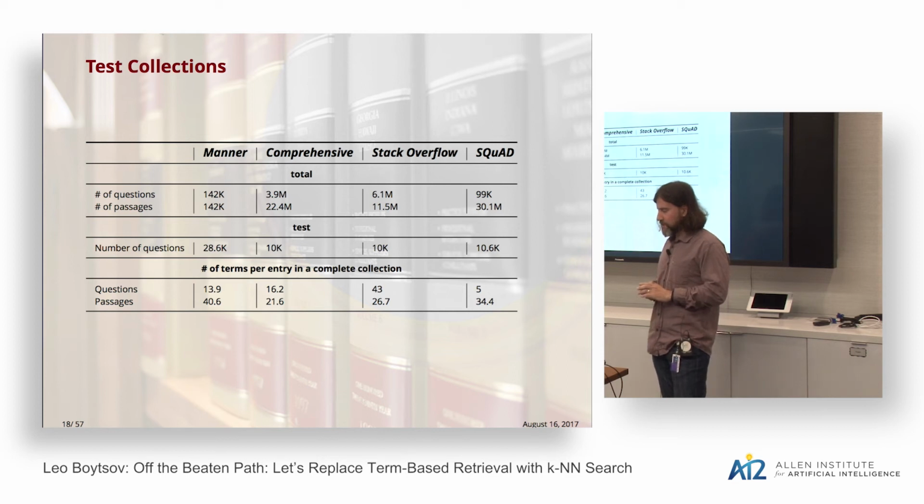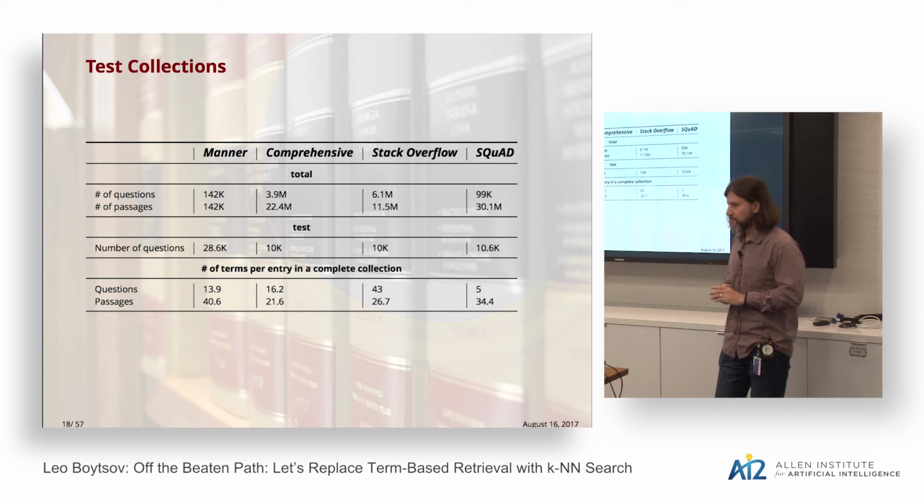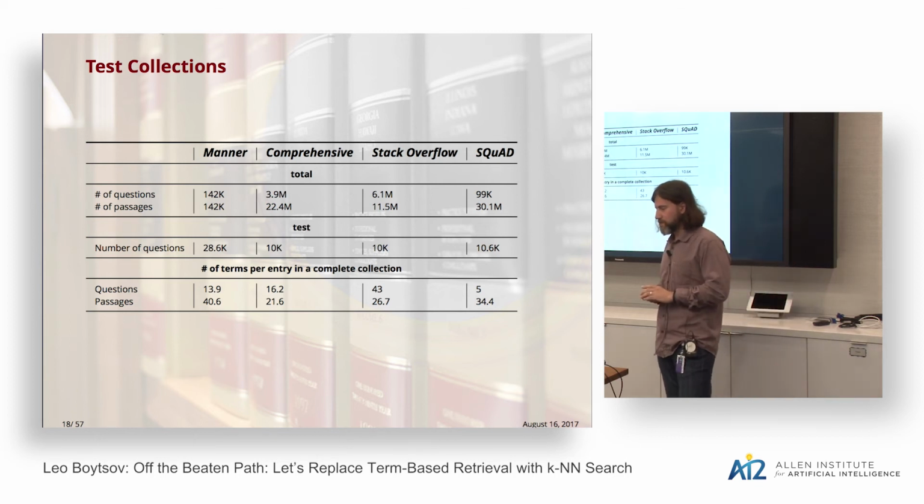All right, and Squad is based on the Stanford Squad collection, which consists of questions crowdsourced from mTurkers about Wikipedia passages.